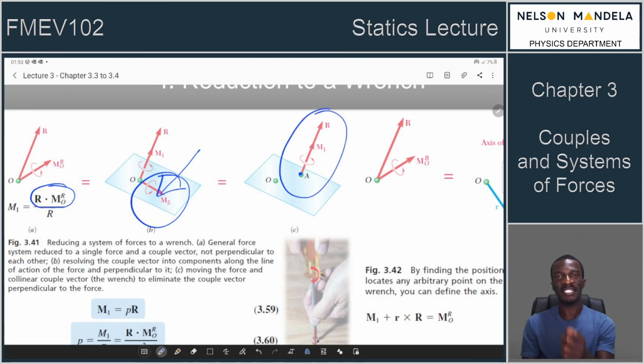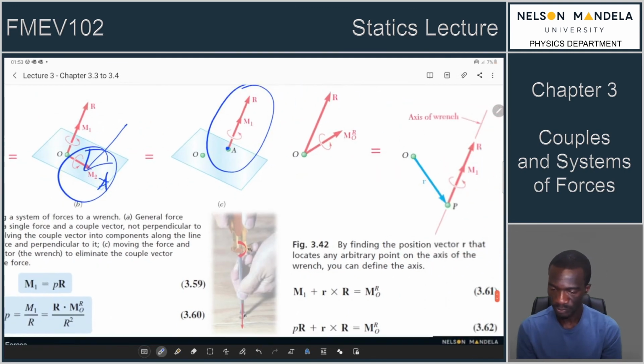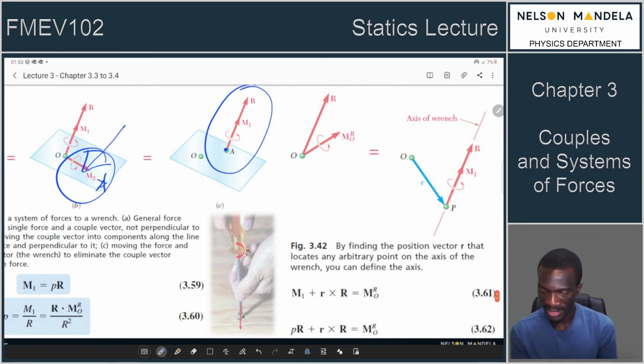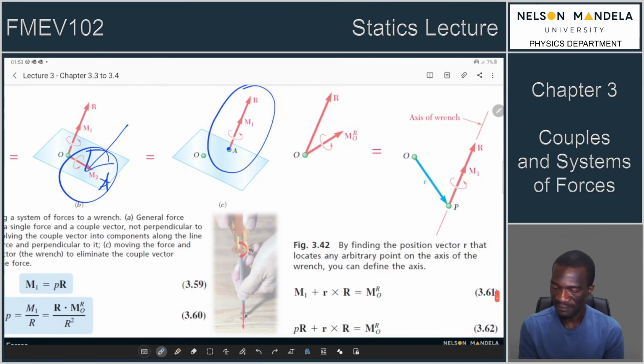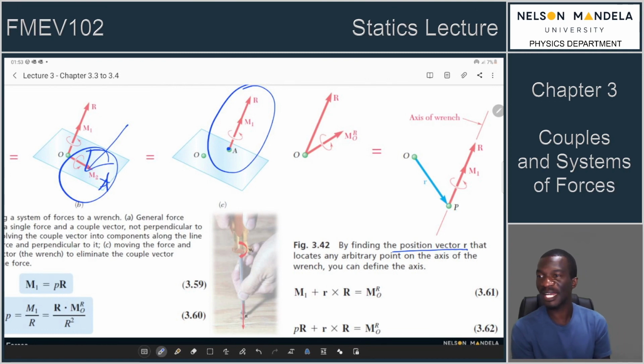So that wrench then must be located at point A for it to generate the same effect as M2. If you check in your text, you will notice that in figure 3.42, by finding the position vector R that locates any arbitrary point on the axis of the wrench, you can then define the axis.